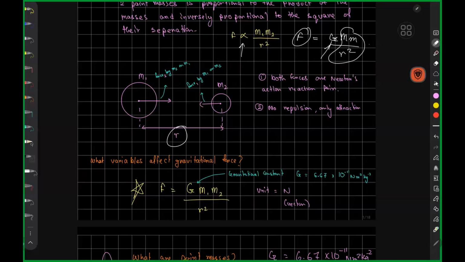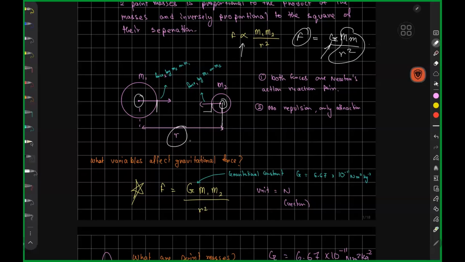In that case, the distance should always be measured from the center of the object. So you don't measure the distance from this surface to this surface. That is completely wrong. What you do is measure the distance from the center of the circle to the other center of the circle. That's how you measure the separation.